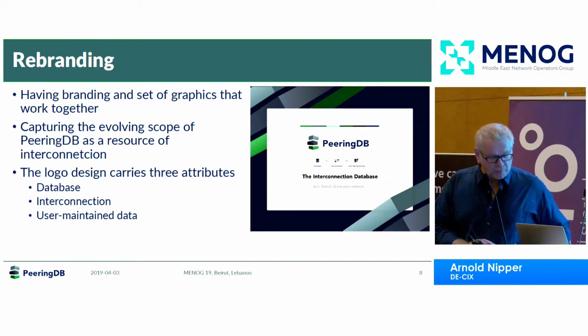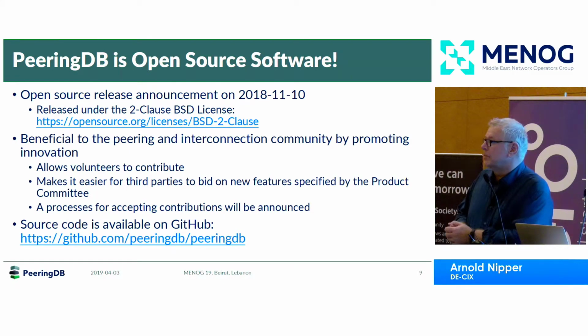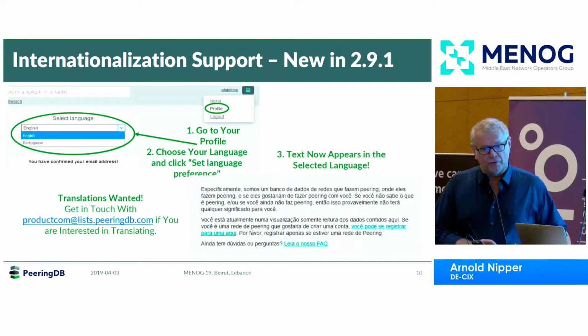This is what we recently did. We also made PeeringDB open source a couple of months ago. Also, the idea behind it is that you are able to look at the source, that you know that there are no bugs, and that you also are able to help improve PeeringDB with your own code.